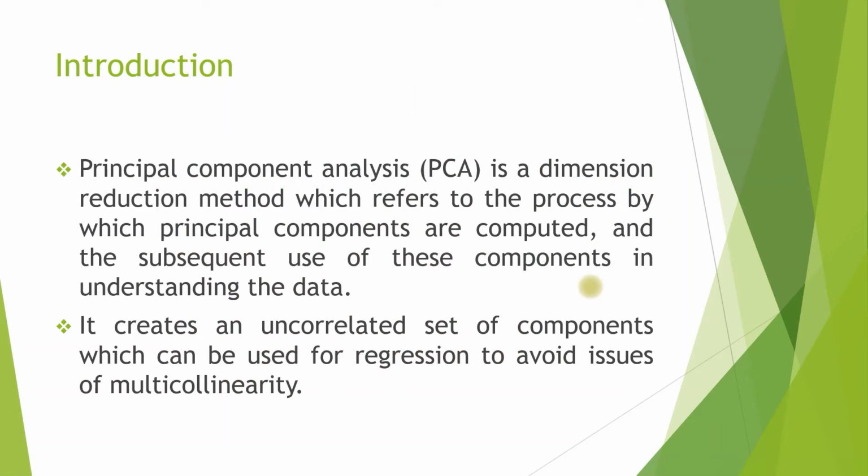So as I said to you, we are doing a dimension reduction method, and what we are getting is principal components, which are an uncorrelated set of components which can be used for regression to avoid issues of multicollinearity. Multicollinearity means you have correlation between different variables x1, x2, x3, and so on, up to, let's suppose, x10.